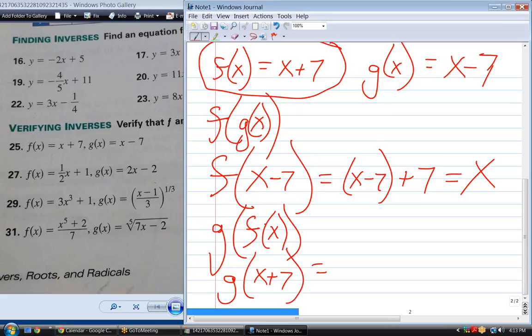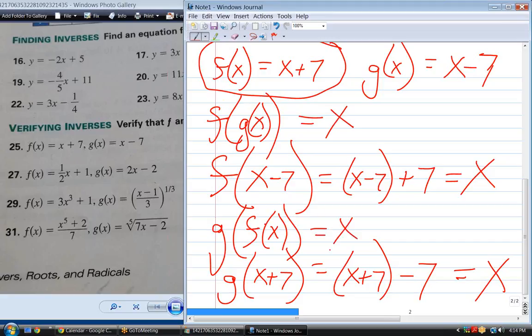Just x plus 7 minus 7, which is equal to x. Since f of g of x is equal to x and g of f of x is equal to x, each of these is an inverse of the other. That's the test it has to pass.